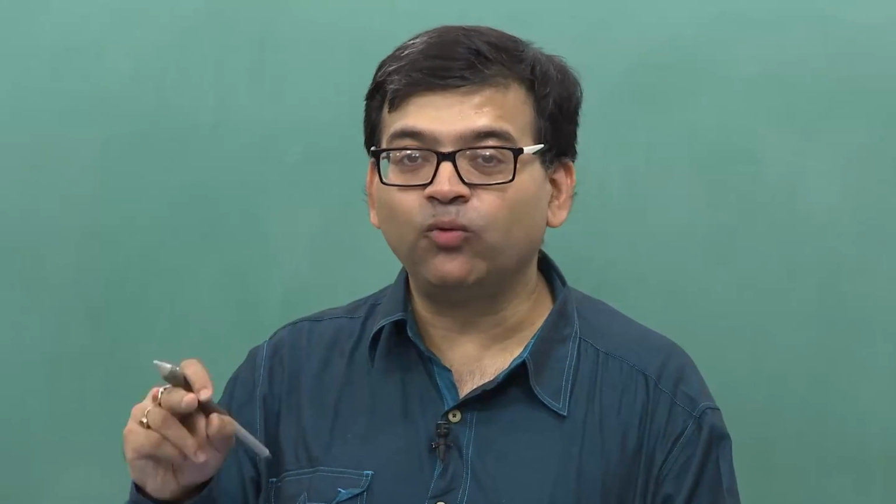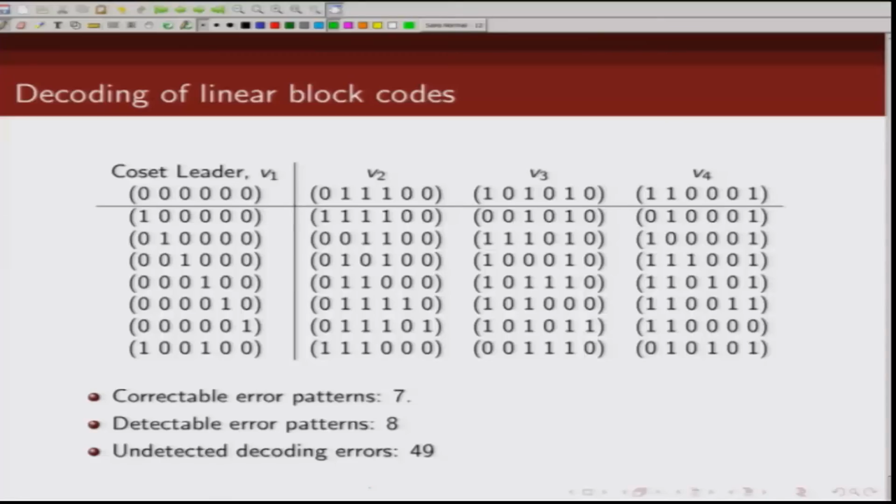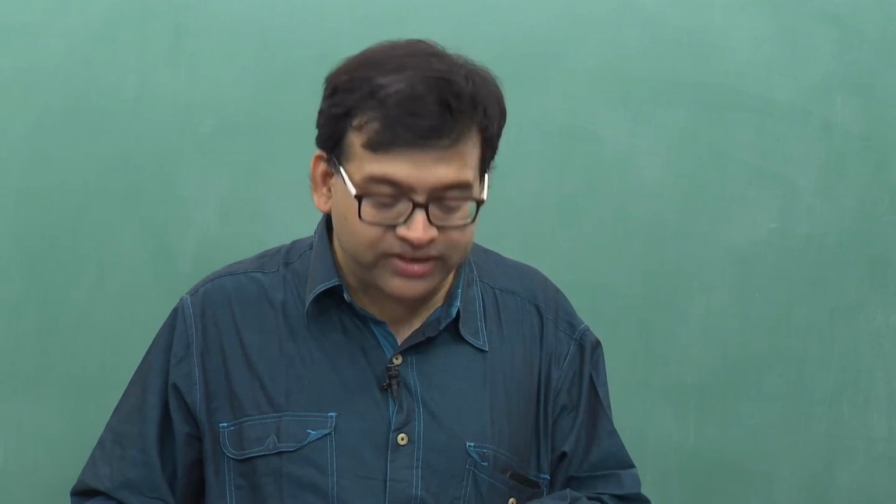Now, if you choose your coset leader to be the one which has the least Hamming weight, which has the least number of ones, and you make that error pattern your coset leader, then you can correctly decode those error patterns.